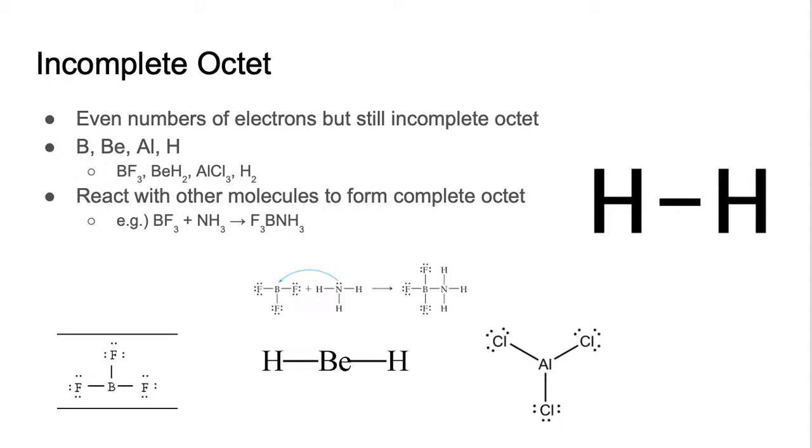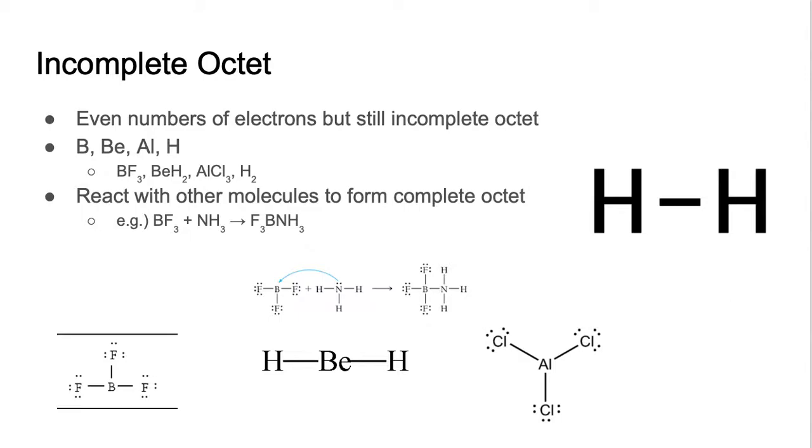This characteristic of incomplete octet is almost always not possible with atoms other than beryllium, boron, and aluminum. So you should definitely memorize B, Be, and Al, and H for incomplete octet.